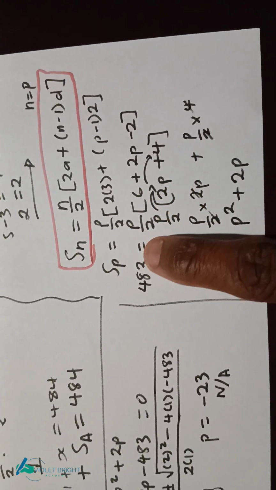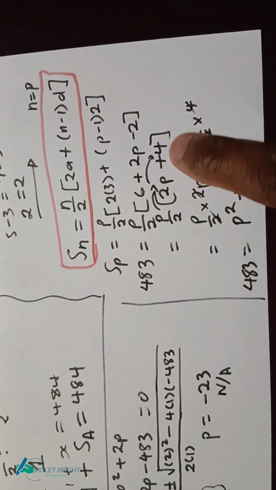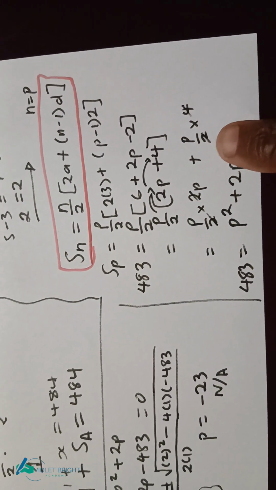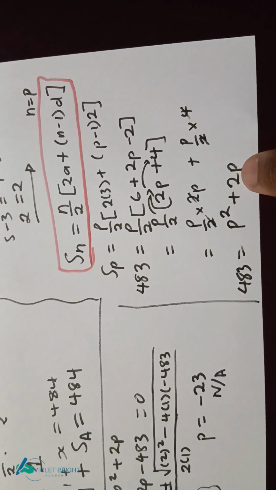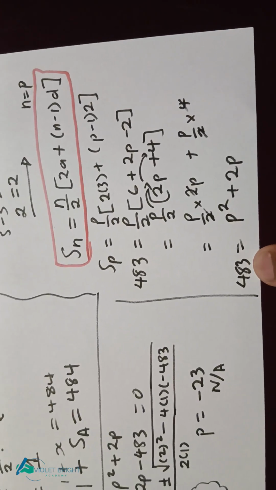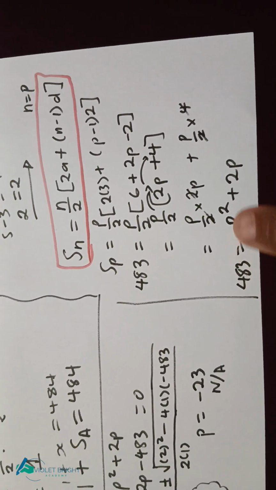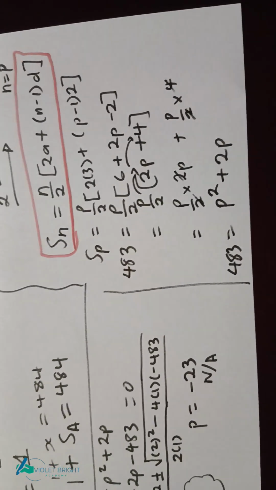And p over 2 multiplied by 4 is just 2p. It equals 483, and then we take this to the other side and solve for p.